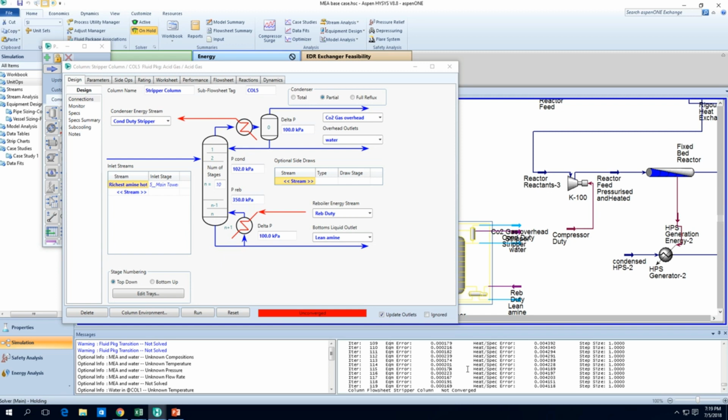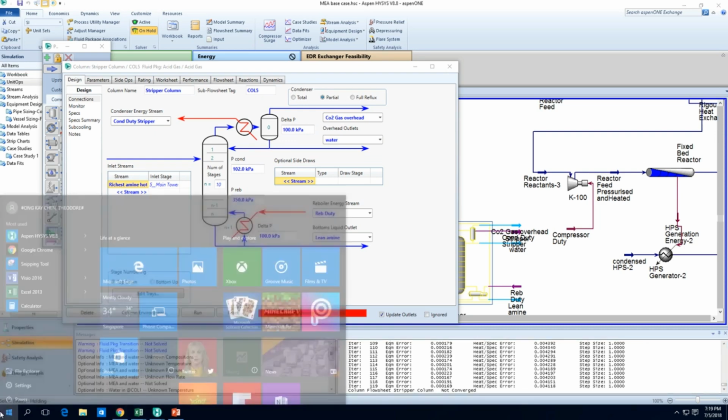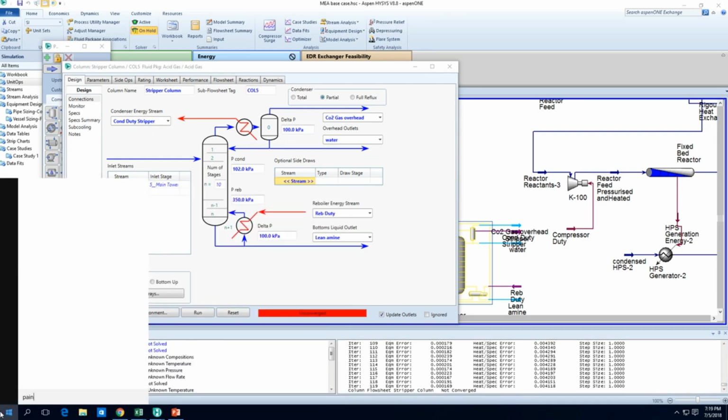HYSYS actually uses iterations to try and solve this stripper column. If it's oscillating, it probably means that when you iterate, the step size might be too big for you to reach the solution. So let me give you an illustration on Paint.